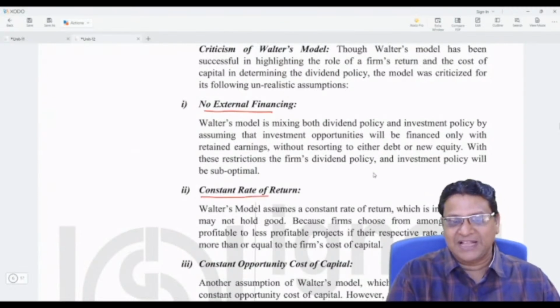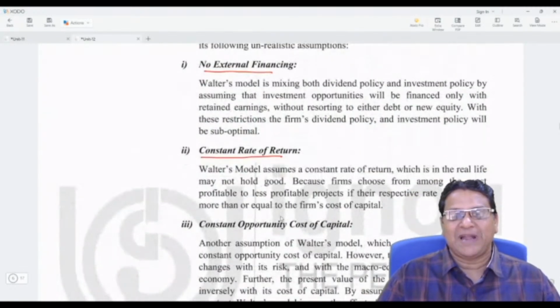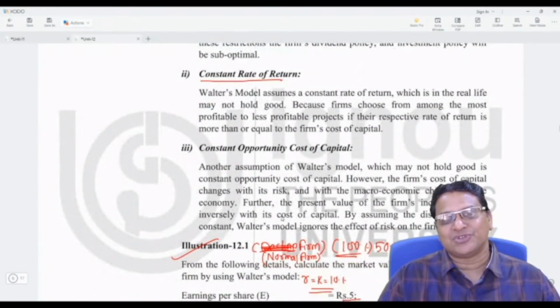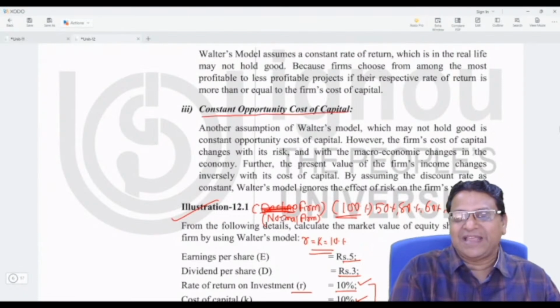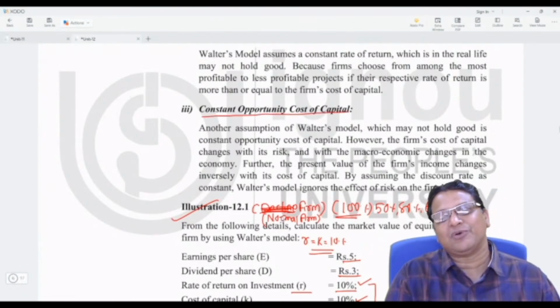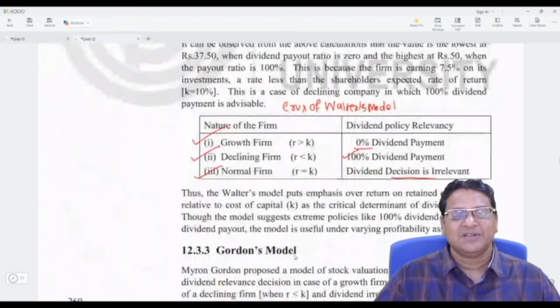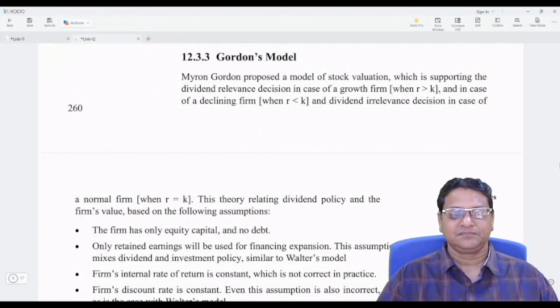Then Walter's model assumes that there is a constant rate of return, but in practicality, R does not remain constant. And Walter's model assumes constant K, constant opportunity cost of capital. Practically, K also does not remain constant. So these are some of the limitations of Walter's model.